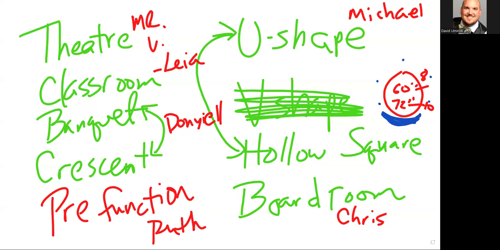Upstairs in the 400 rooms, it's a blank canvas. We have to bring in tables and chairs. In that situation, there's already tables and chairs built in. So in this case, when we're talking about events, we're talking about bringing in tables and chairs into a room that is empty. And so what different room setups are conducive for different types of meetings that happen?